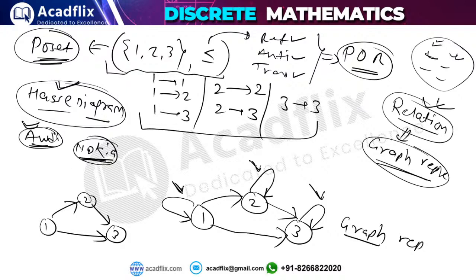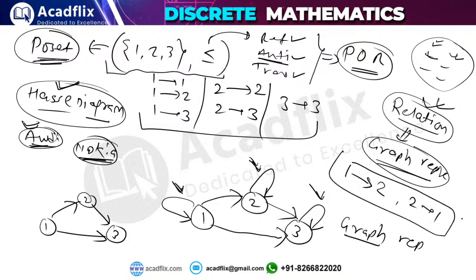Once we have removed self loops, now what we can do, see, our relation is antisymmetric. Every partial order relation is antisymmetric. What does antisymmetric do? It says that if you have two different elements, then you cannot have both of these. Antisymmetry says that between different elements there cannot be any symmetry.